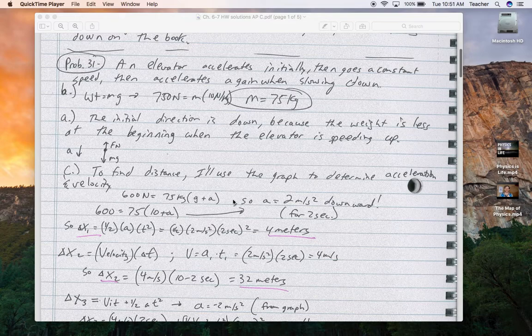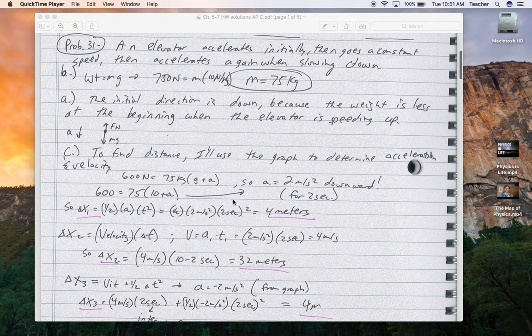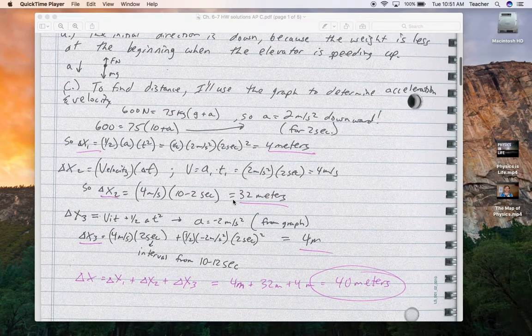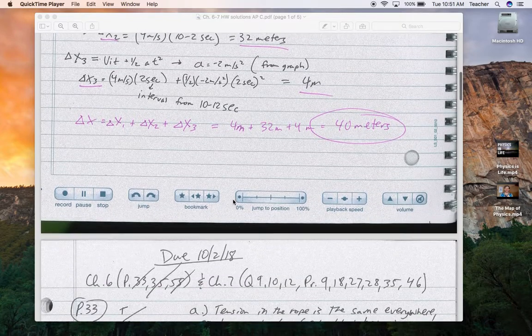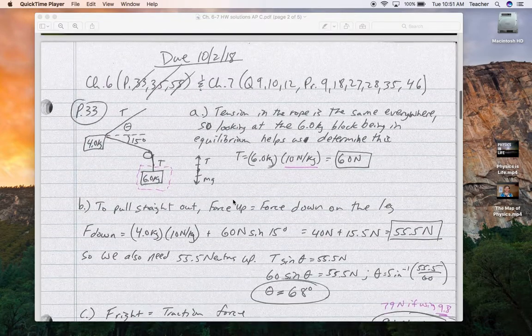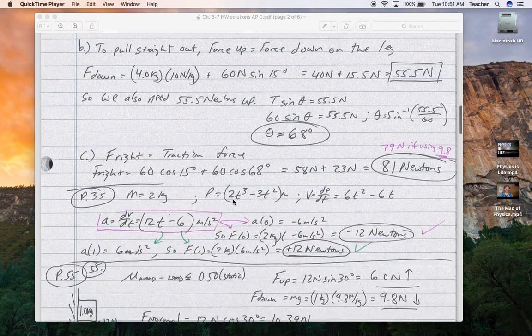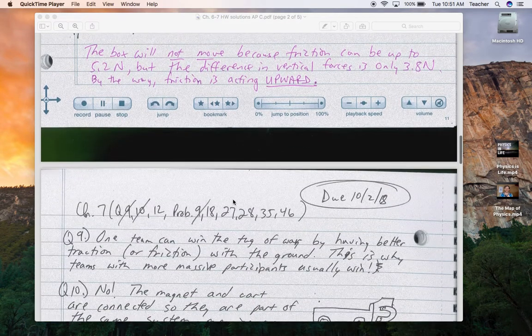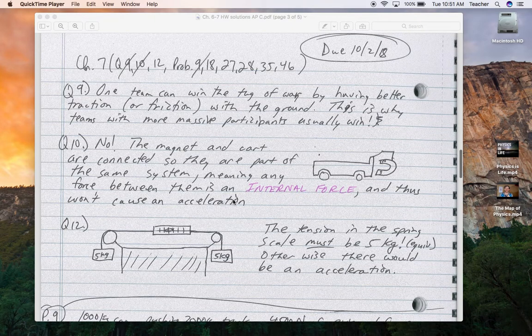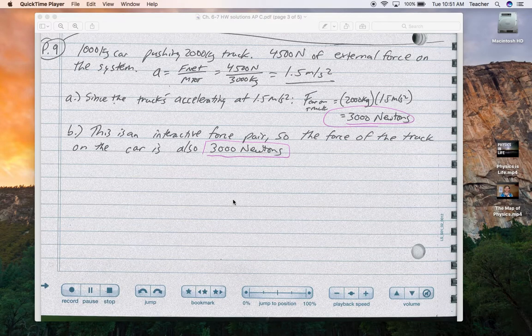Problem 31, actually I'm going to scroll through the problems so you can look at those if you want, like the fruit fly, and talk about them as we go.